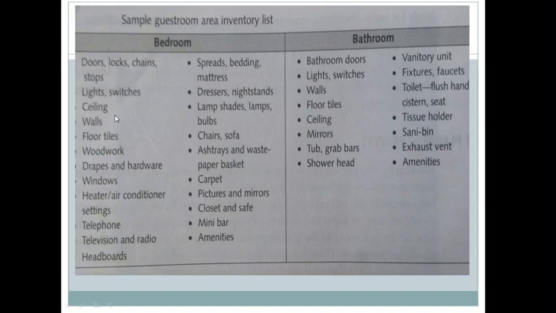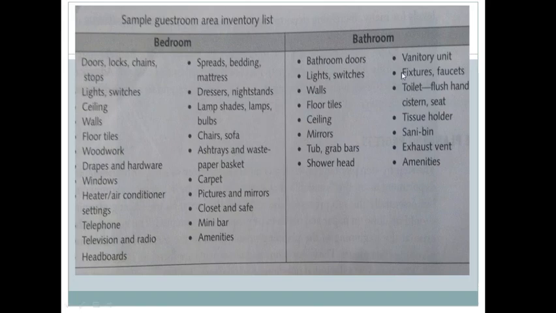Then light switches, ceiling, walls, floor tiles, wardrobe, drapes and hardware, windows, telephone, television and radio, headboards, spread, bedding, mattress, dresser, nightstand, lampshades, lamps, chairs, sofa, ashtrays, carpet, pictures and mirrors, closet safe, minibar, amenities. From this side to this side, from left to right, he or she cleans this room. For each and every part mentioned in this area inventory list, there will be some amenities he might need to set up.